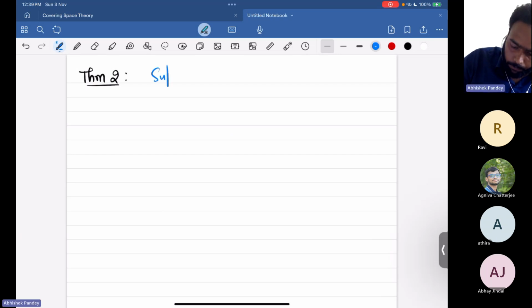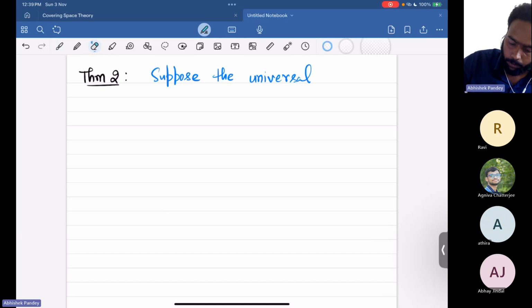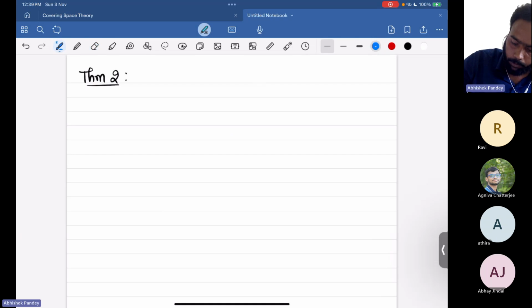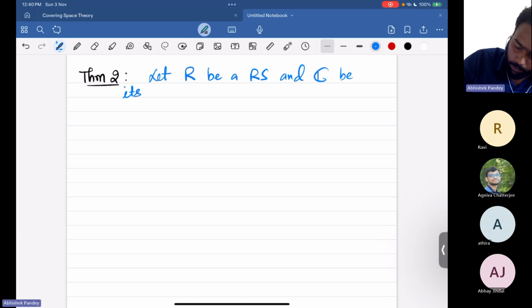So suppose let R be a Riemann surface and C be its universal cover.